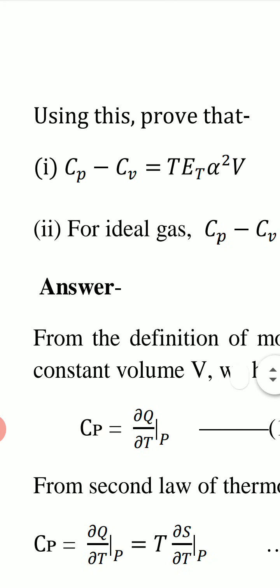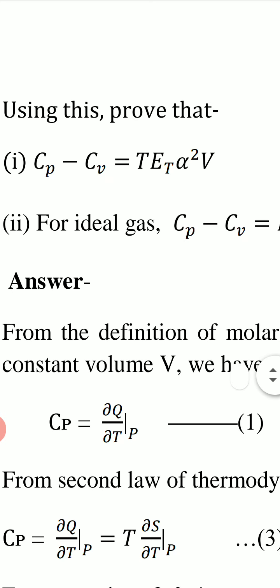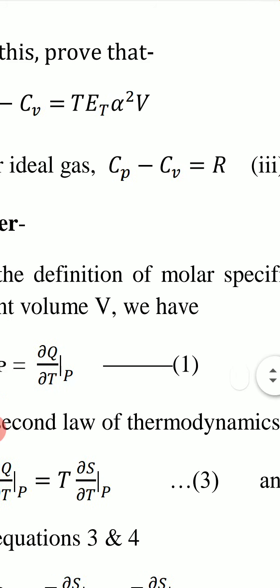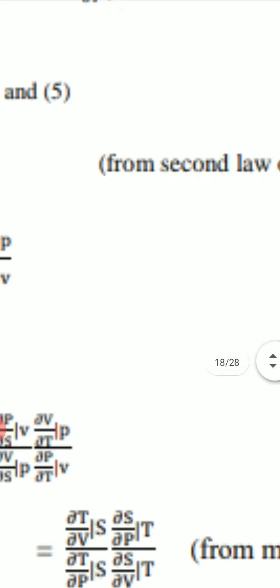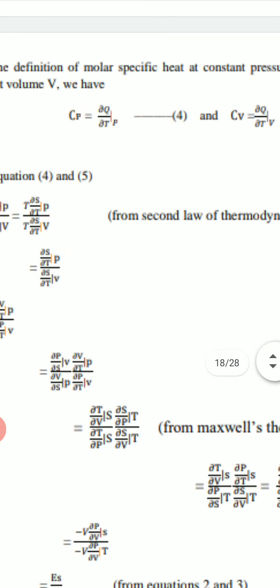And using this, we will prove that Cp minus Cv equal to T Et alpha square V. And we will find the value of Cp minus Cv for ideal gas and for real gas.